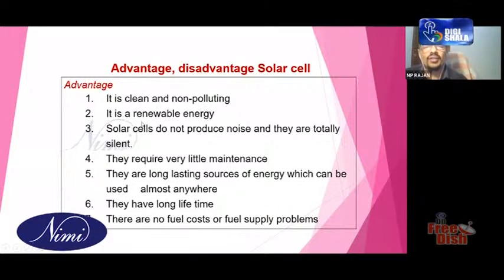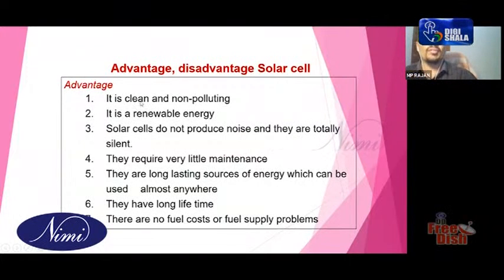It is very clean and non-polluting. Whatever other conventional methods we are using, diesel, petrol and all, they are a polluting type. So this is clean green. And nowadays we are all talking about clean green. We are worried about the ozone layer.